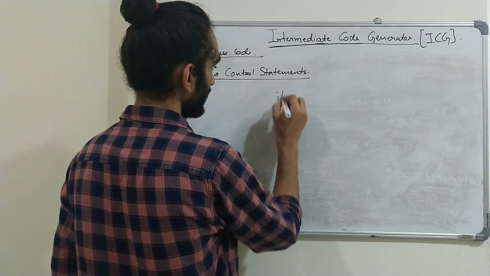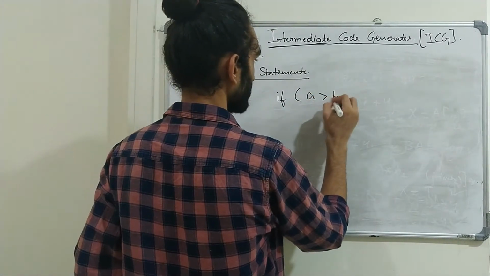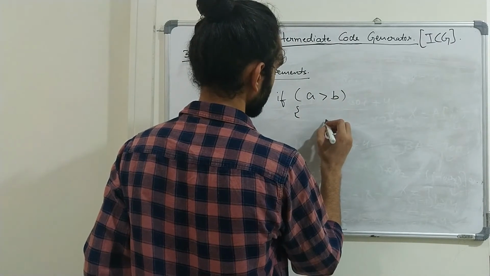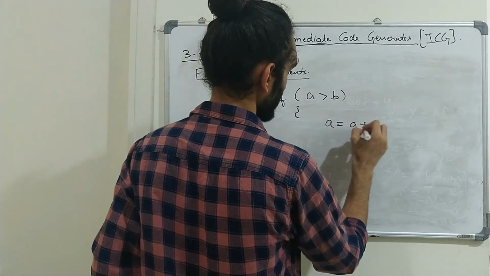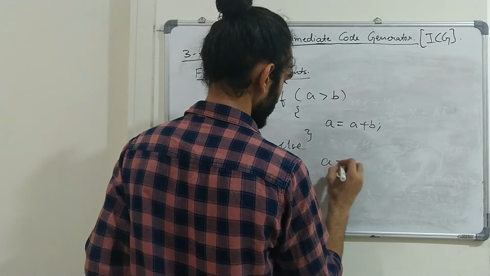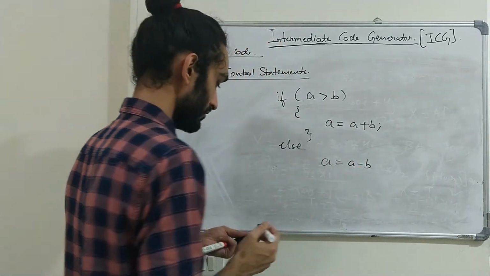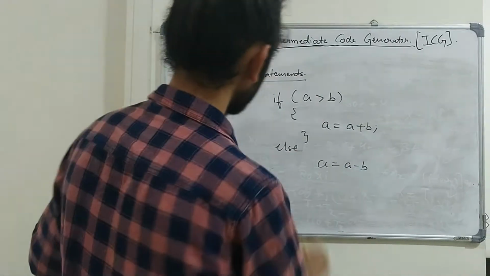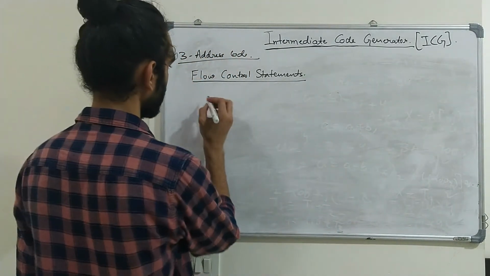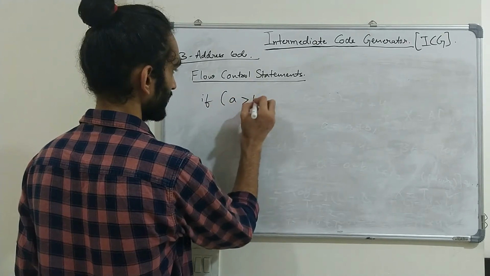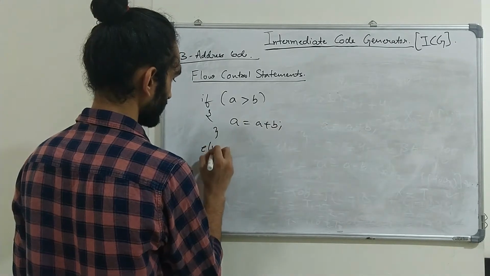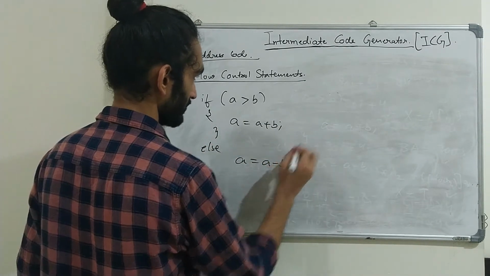So if I want to write, say, if A greater than B, perform A equals A plus B, else A equals A minus B. Right? So suppose this is your expression. Let's write it this way so that I can continuously write in here: if A is greater than B, A equals A plus B, else A equals A minus B.